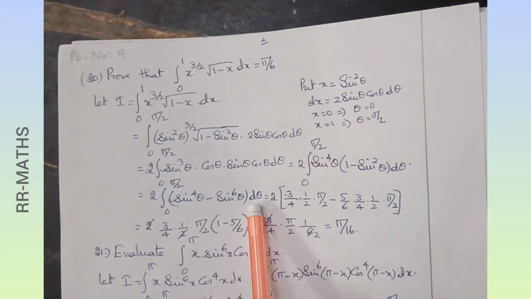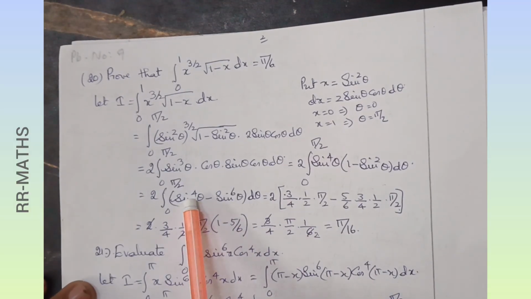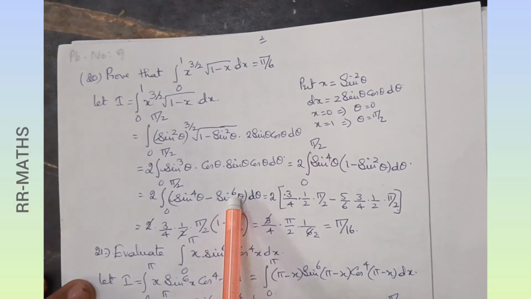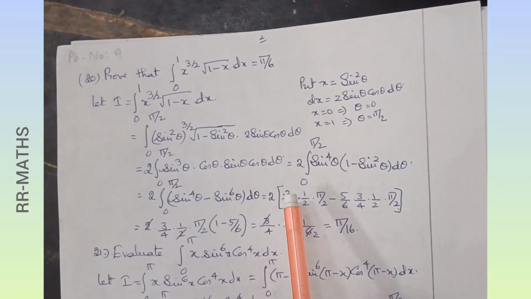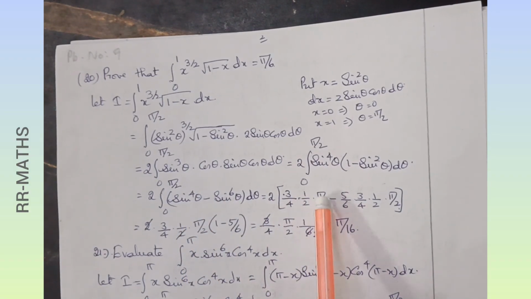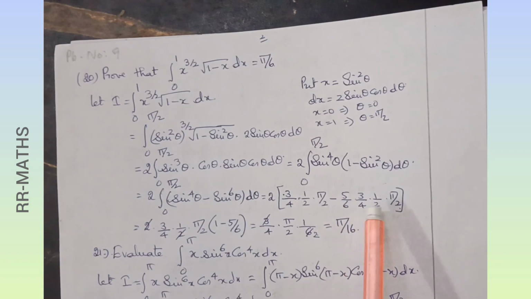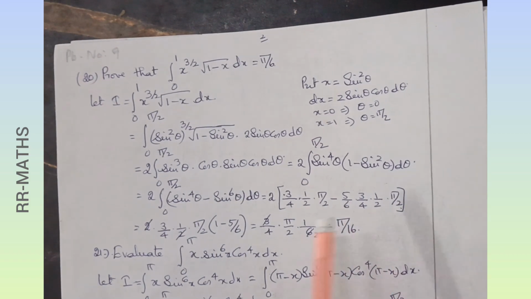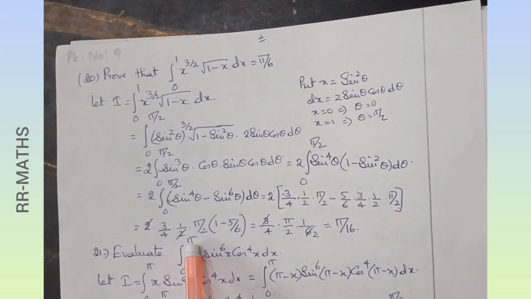You can apply a reduction formula directly here. So 2 times, for 4 I have applied the formula. Both are even numbers, so it should end with a pi by 2. So for 4 it will be 3 by 4 into half into pi by 2, and for 6 it will be 5 by 6, 3 by 4, half into pi by 2. So you can just take out the 3 by 4, half and pi by 2 as a common factor.